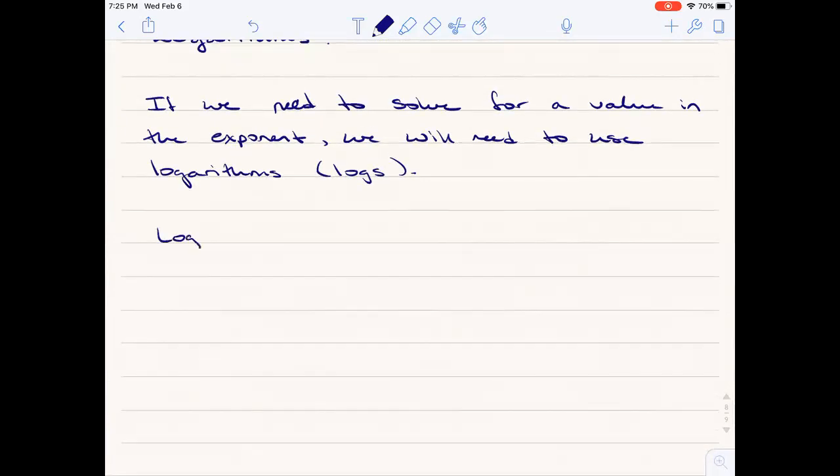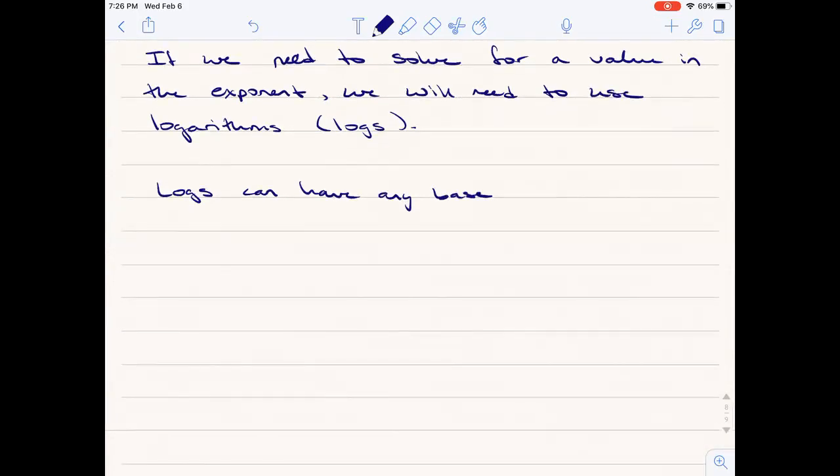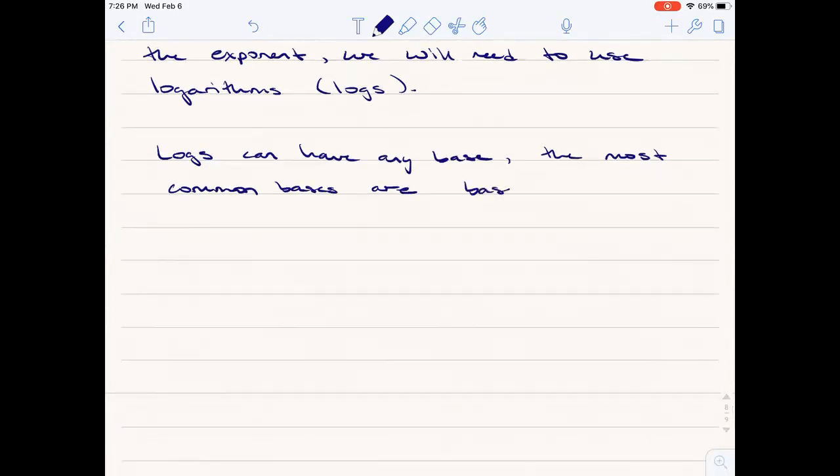Logs can have any base. I'm just saying that in case you know something about logs. If you haven't used logs before, then don't worry about this next part. The most common bases are base 10 or base e. e is kind of like pi.